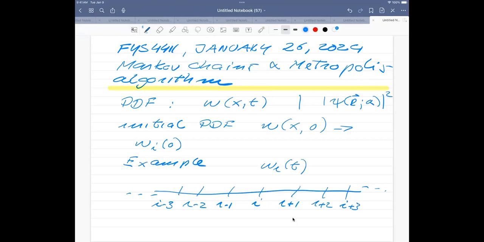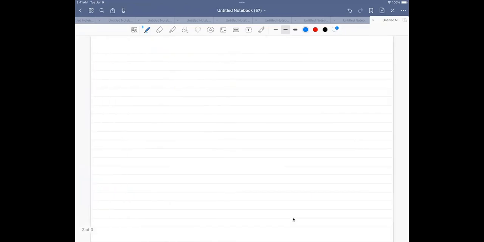So the mathematical expression of a Markov chain is given by a system where we don't keep track of what happened in the step before. So in the Markov chain, we have a mathematical expression for the probability at time t plus 1, or we can write this as W_i at t plus epsilon.